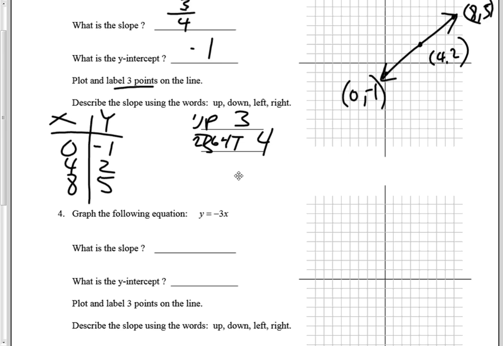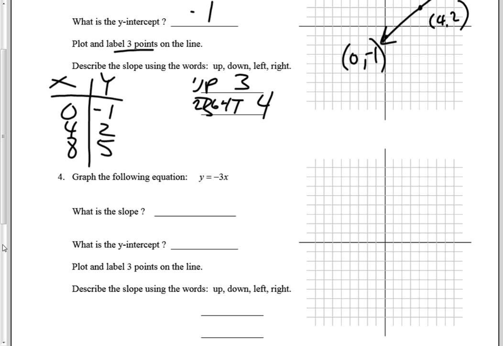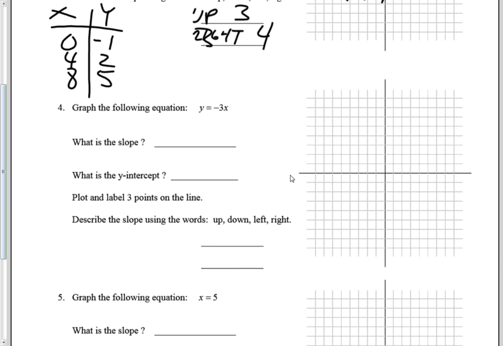Yeah, it's -3. What's slope? -3. What if you don't have anything over here for the y-intercept?